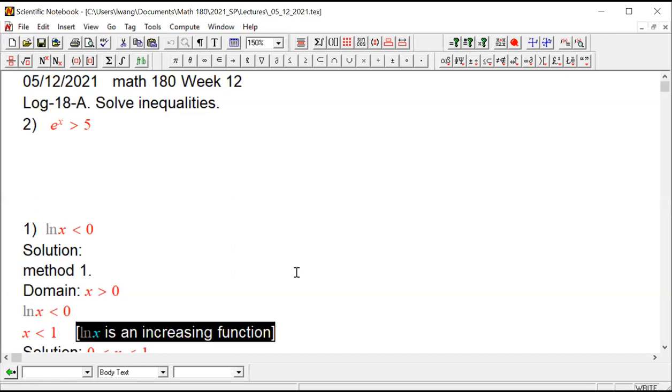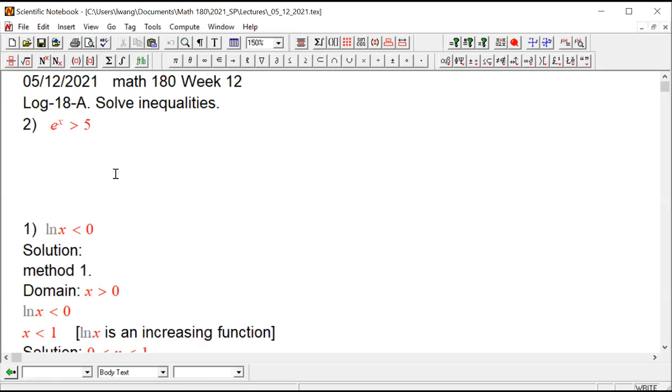So you want to put that note next to your note, so we may refer to it later. e to the power x is an increasing function as well. We know the graph, right?